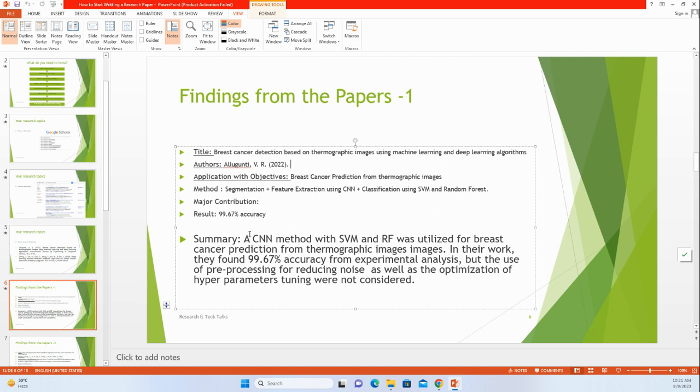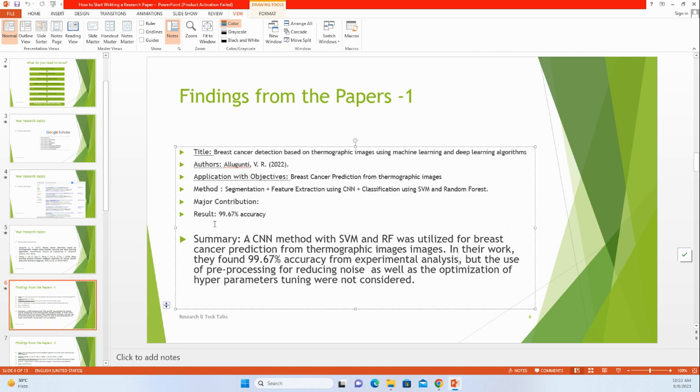You can write it in many different ways, but one of them is, suppose we want to write the methodology: a CNN method with SVM and random forest was utilized for breast cancer prediction from thermographic images. Then what they found in their work: they found 99.60% accuracy from experimental analysis.